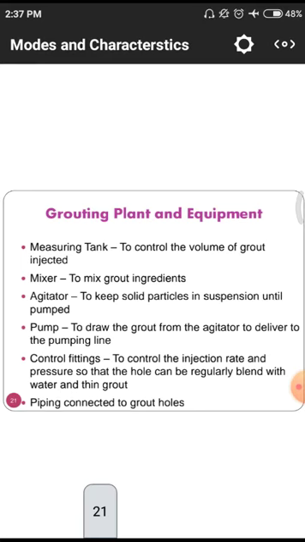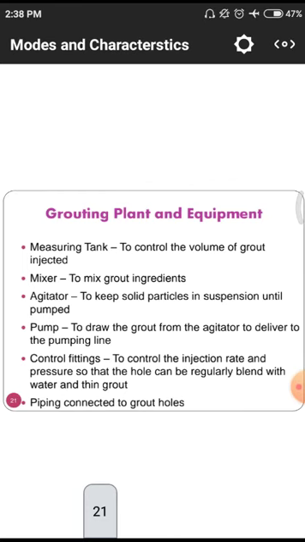But in these grouting plants, why do we need a pump? First of all, they need to draw the grout from the agitator. The agitator keeps the solid particles in suspension, so those suspended particles have to be moved from the agitator portion to below the ground level. For that purpose we utilize the pump.